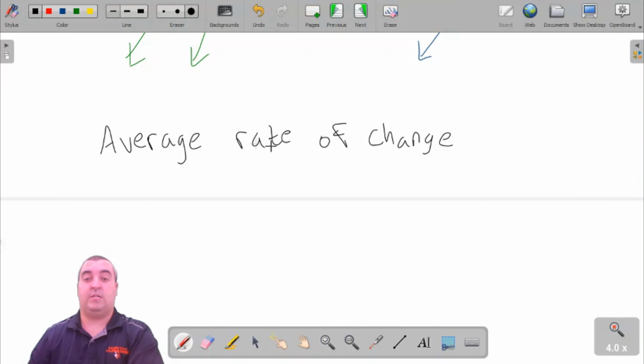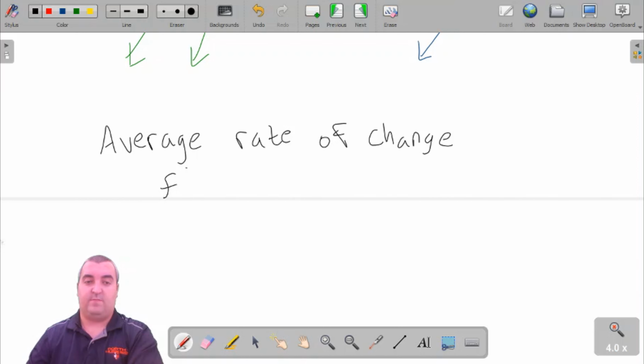So average rate of change. Now, if it doesn't have the word average there, don't necessarily use this. It'll probably be something different, especially if you see it in like a physics class or upper level math. But average rate of change is basically this formula.